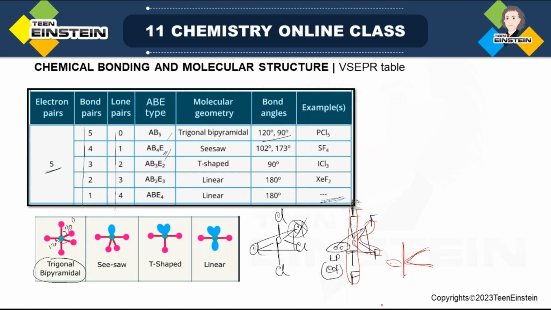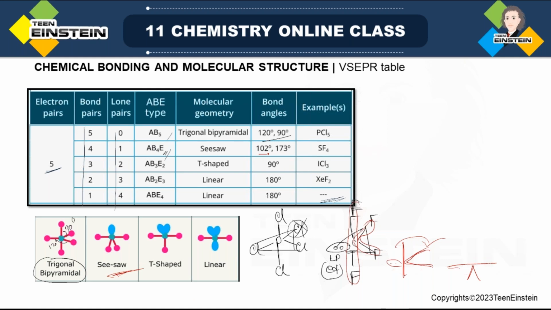So follow this type of structure, and there is a lone pair. This is known as seesaw, and that is drawn in this picture. Here it is drawn in this way, but if you rotate it, it will be like this. That is why it is seesaw. Okay, so this is the next possibility.